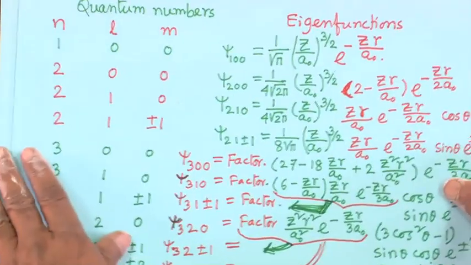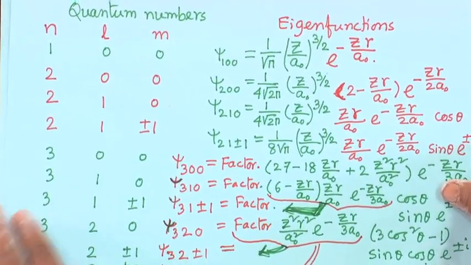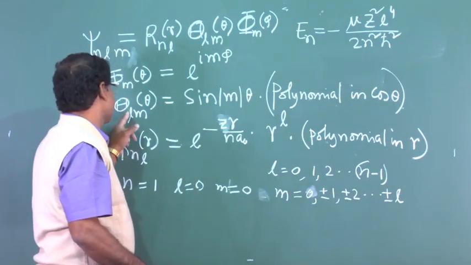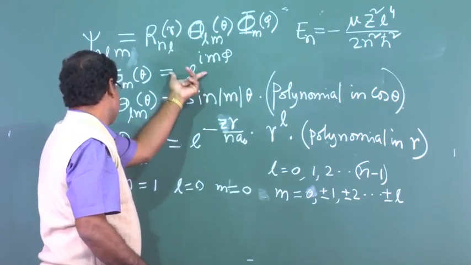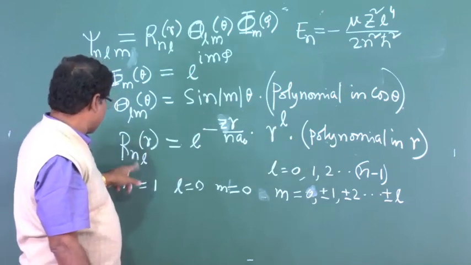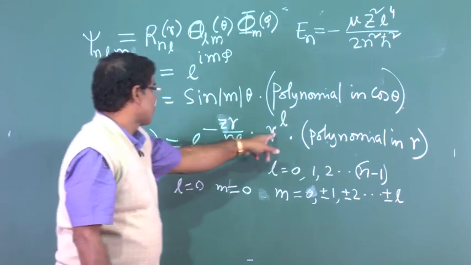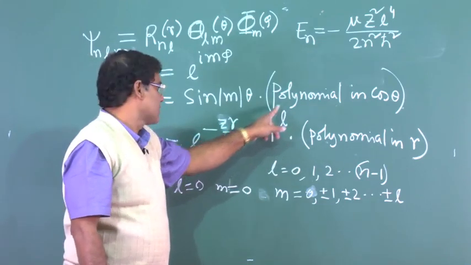This part for Theta 0 0 will be 1. And for n equal to 1, L equal to 0, r to the power L, r to the power 0, this is 1.